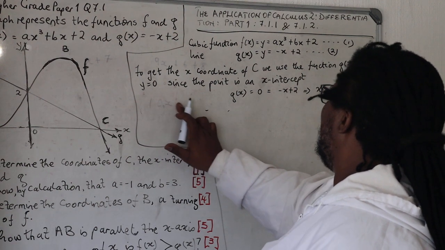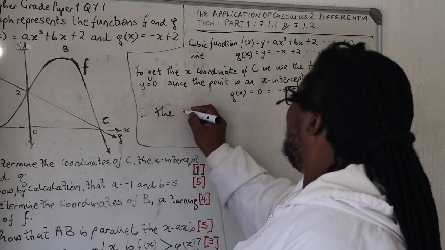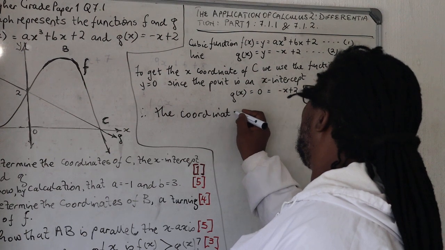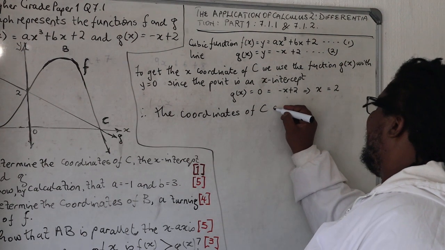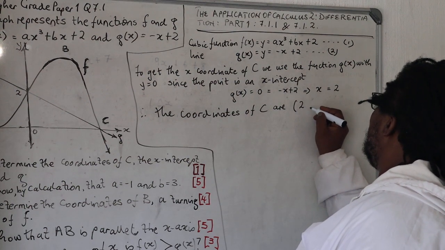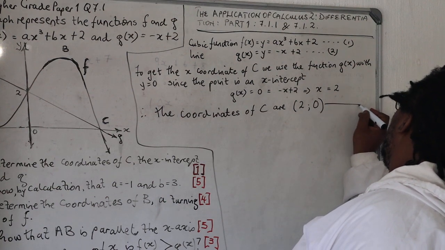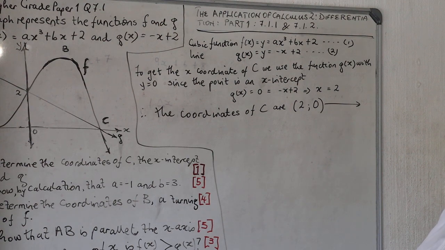So basically what we have to say here is, therefore, the coordinates of C are x is 2 and y is 0, and your 1 mark is bagged.